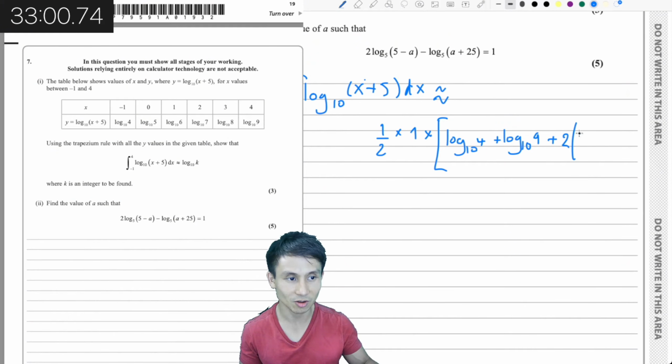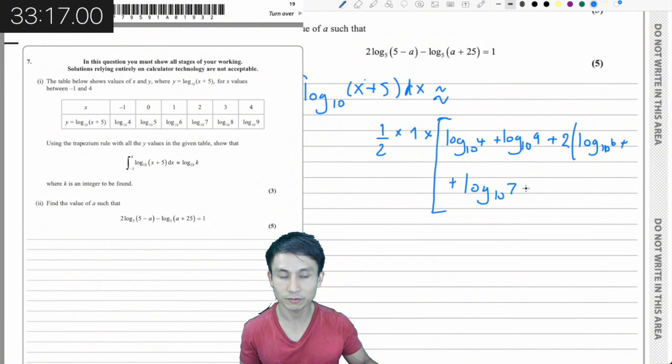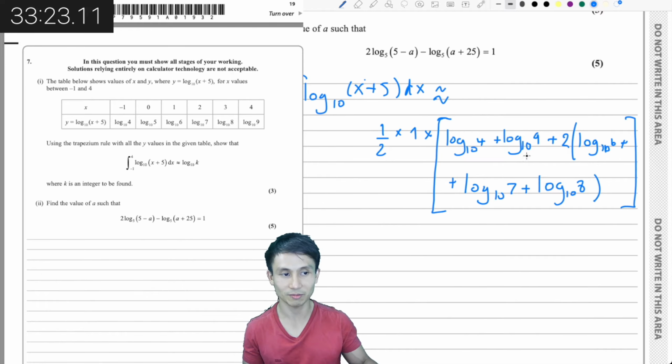So that's log 6. I'm gonna have to do a second line here, plus log 7 plus log 10, 8, and that's it. So this is big brackets. I just do next line. I hope that's fine.